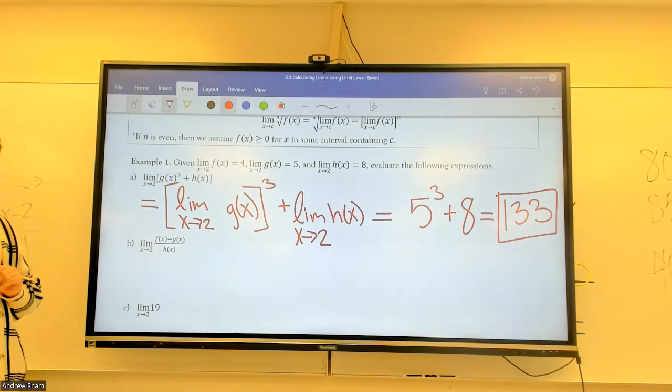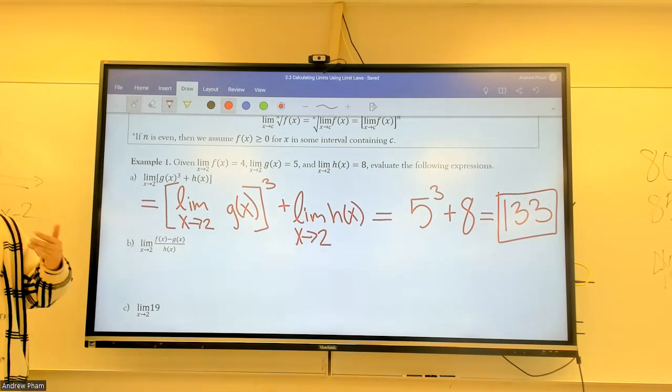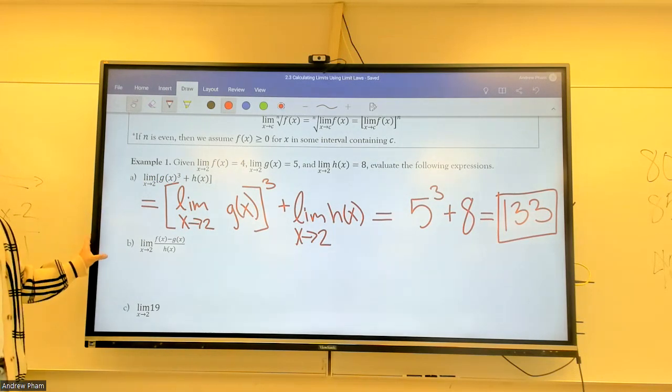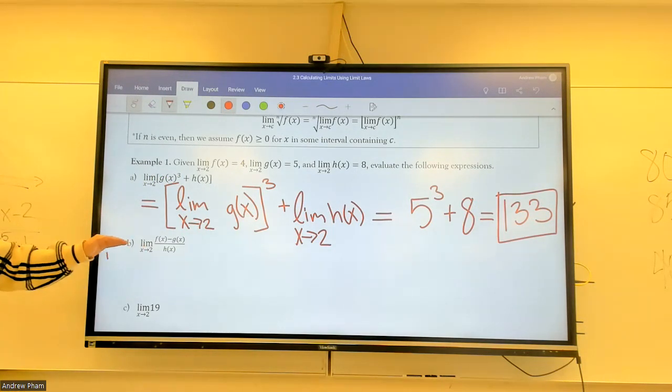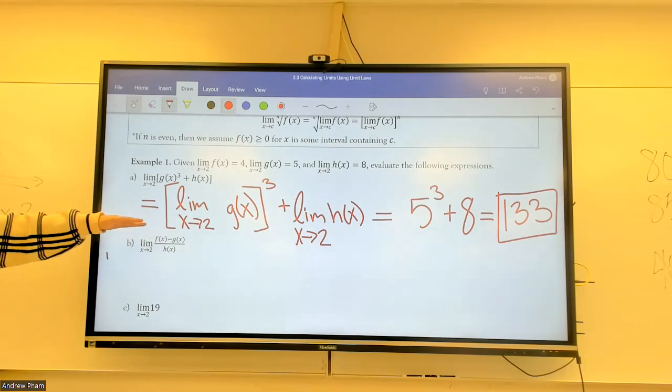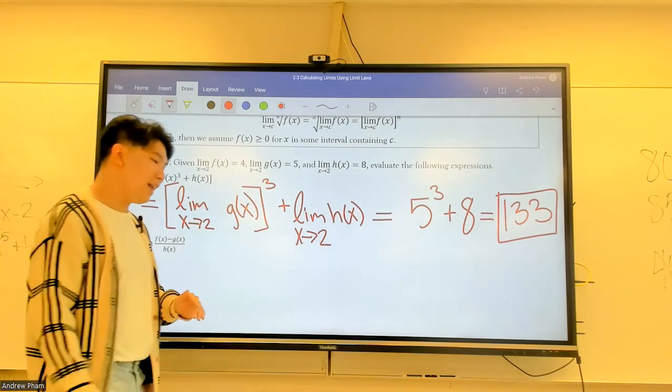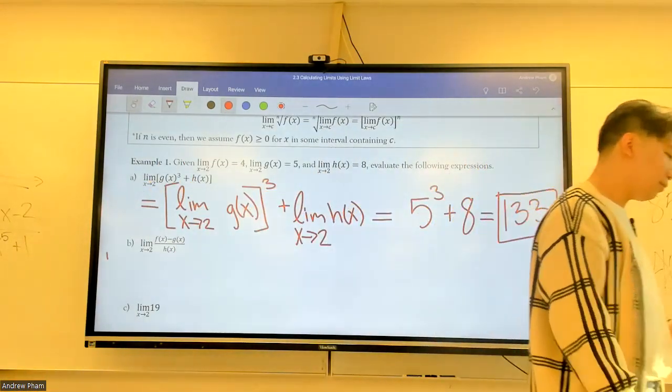All right, so take a moment and see if y'all can do part B on y'all's own. Here, the limit as x goes to 2 of, it might be a little bit hard to see, f of x minus g of x all over h of x.